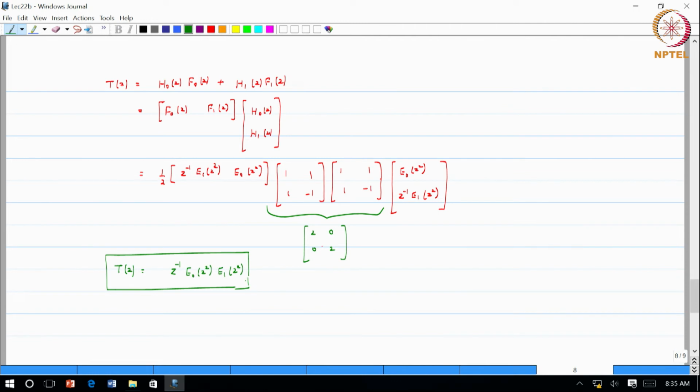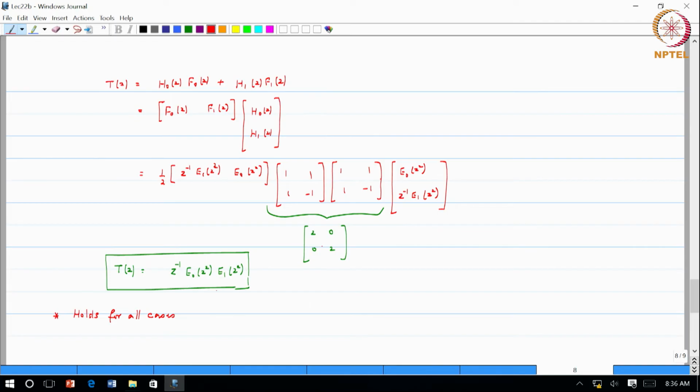Okay, and once you know H naught, you can get E naught and E1. Okay. Now, has this given us any further insight? First and foremost, does this hold for all cases? Yes, this result holds for all cases which satisfy the following.